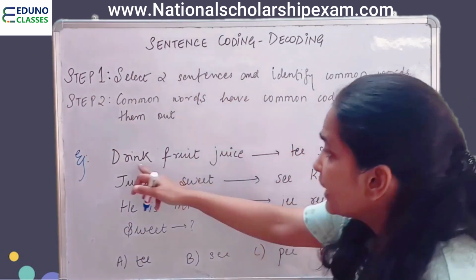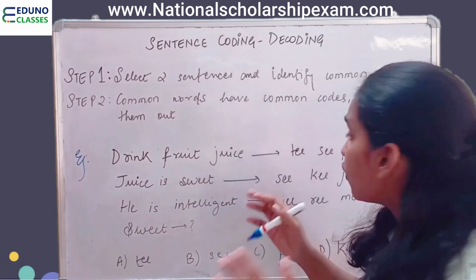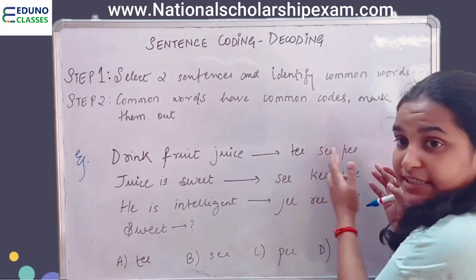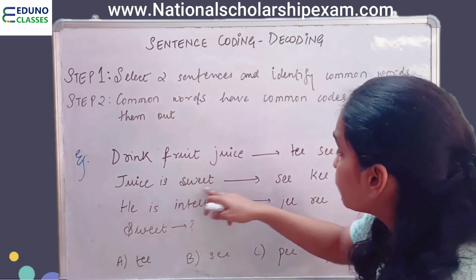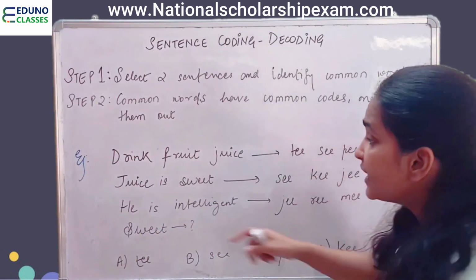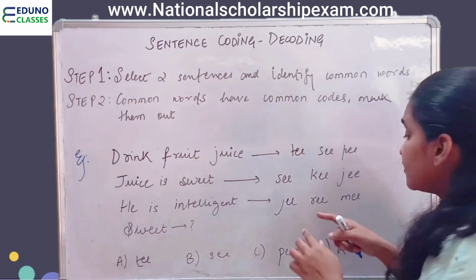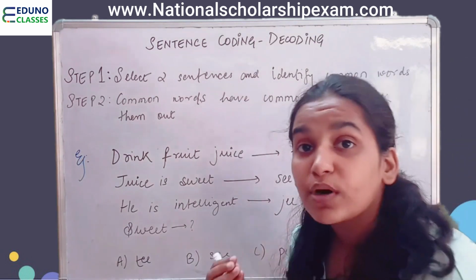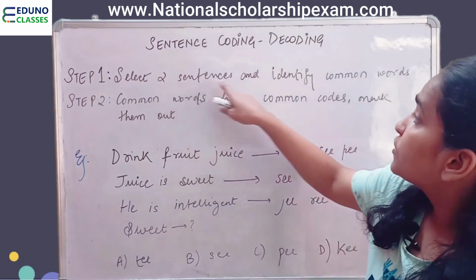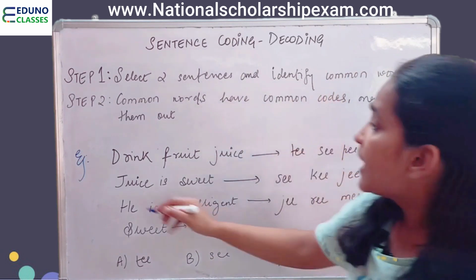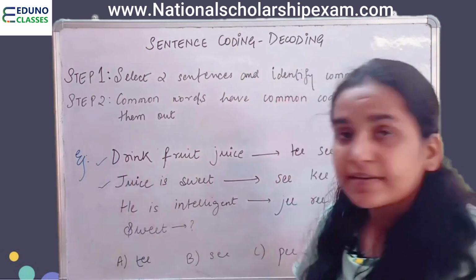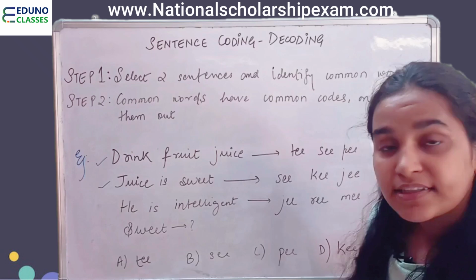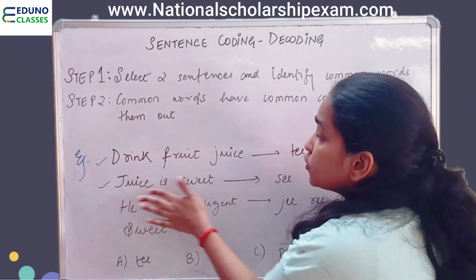Now let us solve this example and see how we apply these steps. Drink fruit juice is coded in a certain language as TCP, juice is sweet is coded as CKG, and he is intelligent is coded as GREME. What is the code of the word sweet? Select two sentences and identify common words. I am selecting these two sentences: drink fruit juice and juice is sweet.